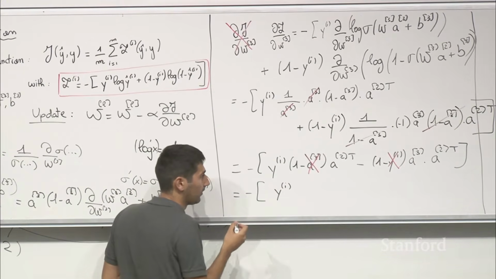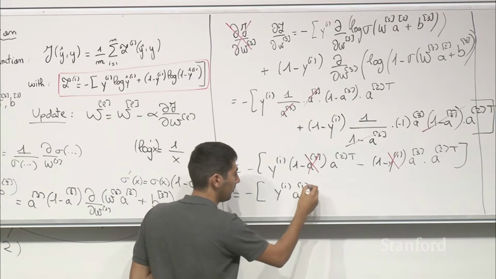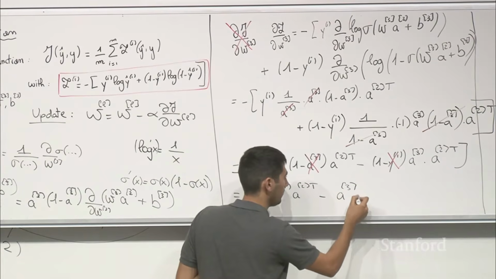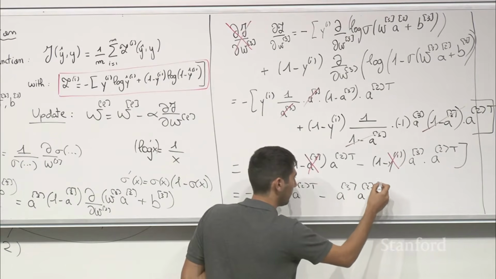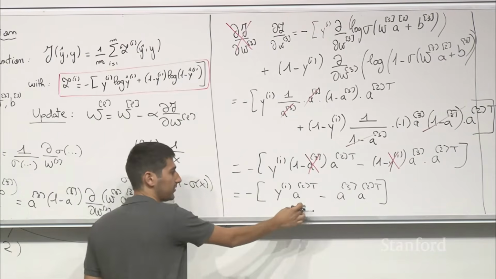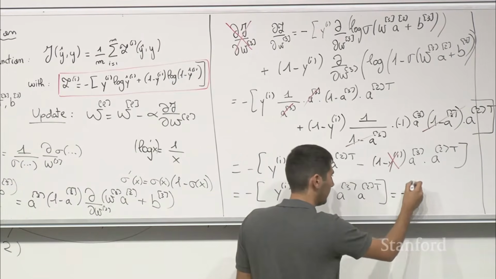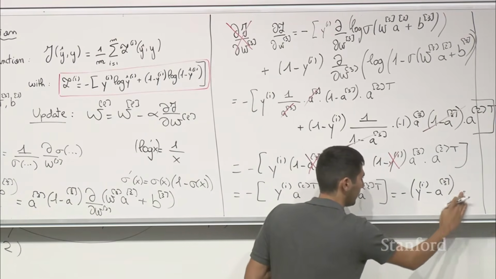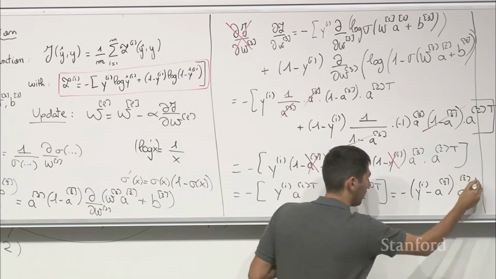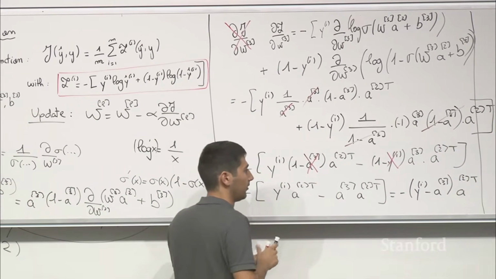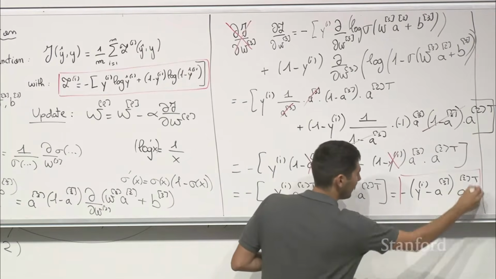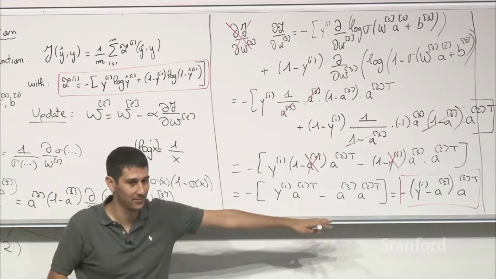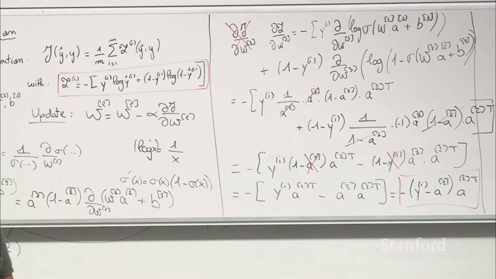It gives me yi times A2 transpose, this part, minus A3 times A2 transpose. I can factor this because I have the same term A2 transpose, and it gives me finally yi minus A3 times A2 transpose. Okay, so it doesn't look that bad actually. When we take a derivative of something kind of ugly, we expect something ugly to come out, but this doesn't seem too bad.